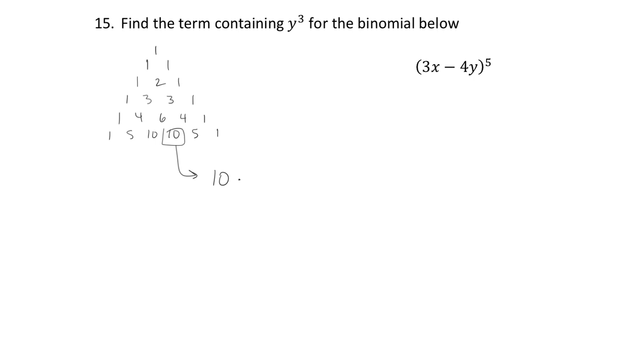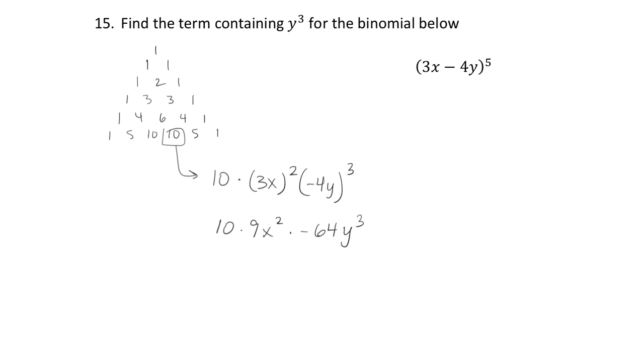And then it's going to have that 3x to the second power and then the negative 4y to the third power. So this is just one single term of the expansion. There's the coefficient. It's 3x to the second power and negative 4y to the third power. Remember, the sum of these two exponents is always equal to the original exponent. 3x to the second power is 9x squared, and then negative 4y raised to the third power is negative 64y cubed.